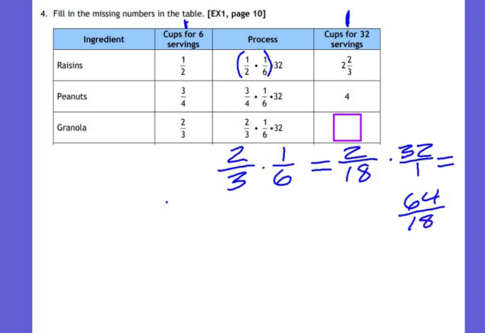Now I can simplify that. What's a number 64 and 18 have in common? They're both even. So I can divide by 2 if they're both even, right? I always do 2s. I'm so lazy that I don't even like thinking about these common multiples.